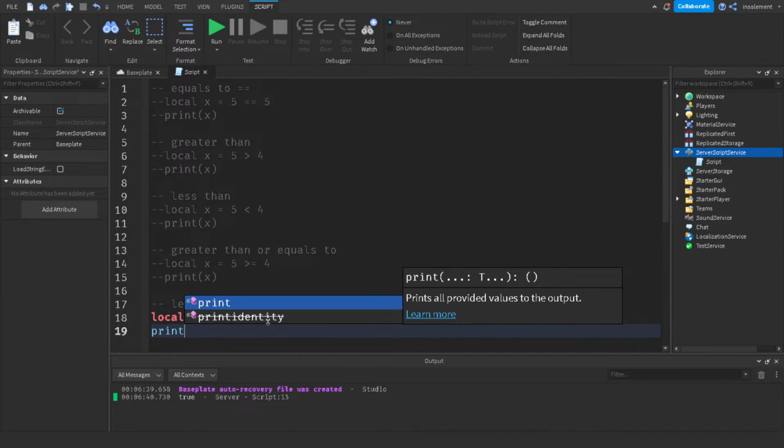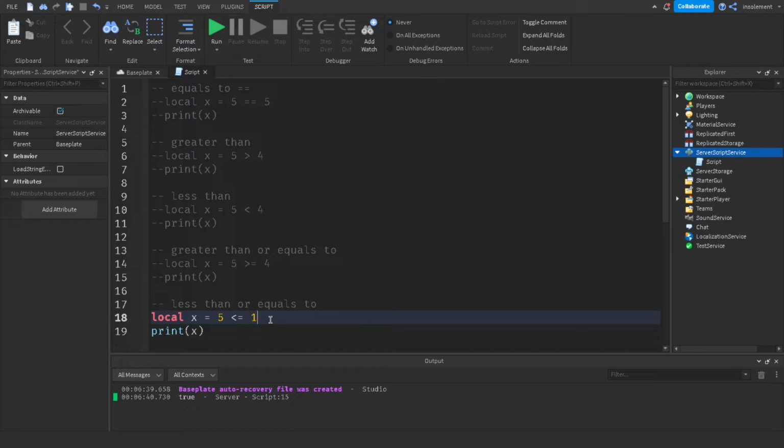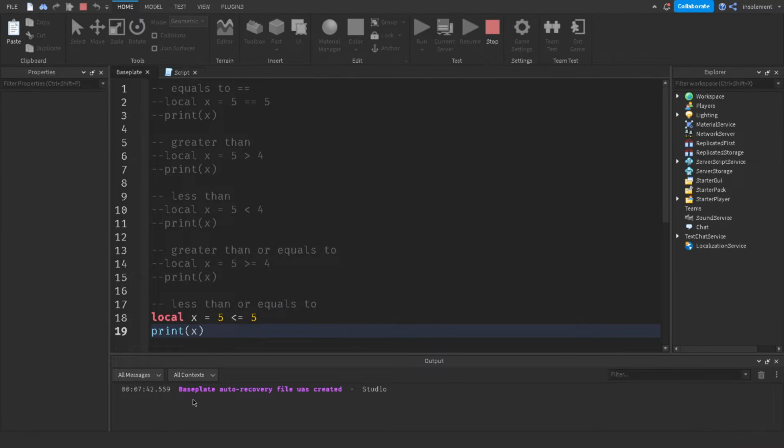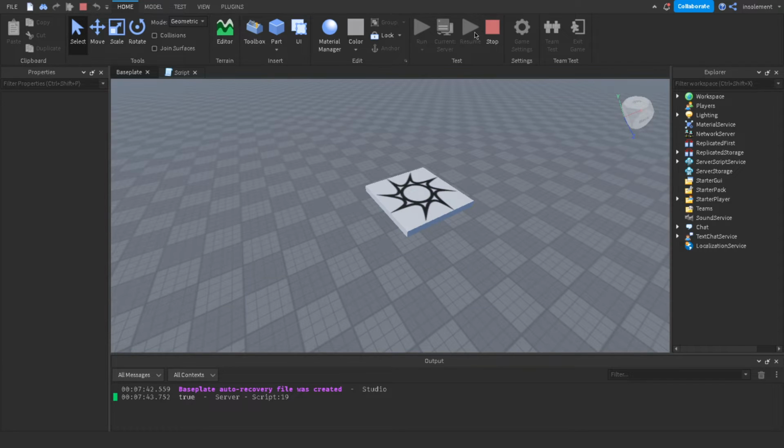So this would return true, right? But if we were to do 4, 5 is not less than 4. It is greater than. It's not equal to either. So this would be false. My fault. If we were to do 5, even though 5 is not less than 5, it is equal to 5. This would return to us true. Right. Okay.